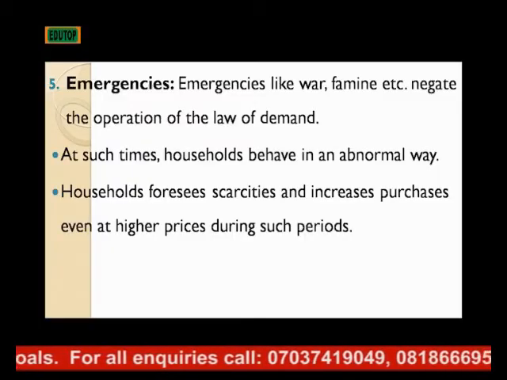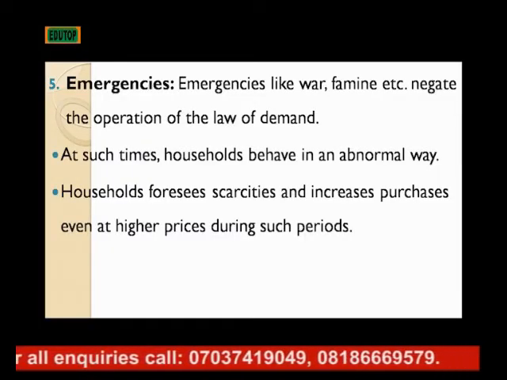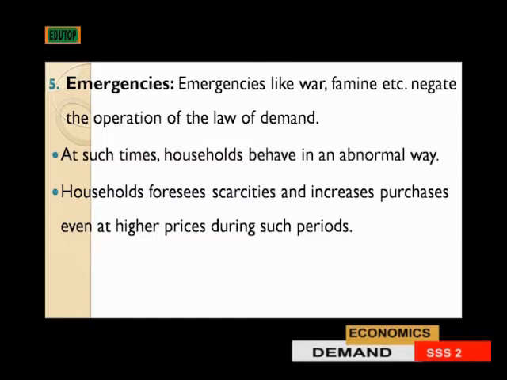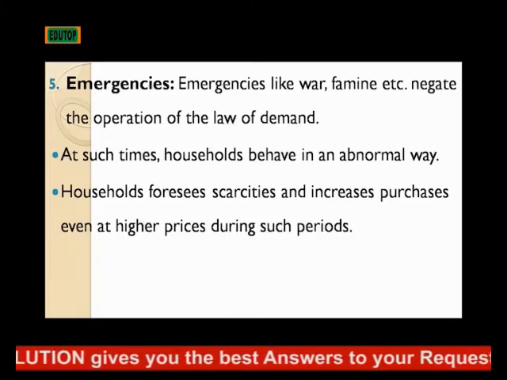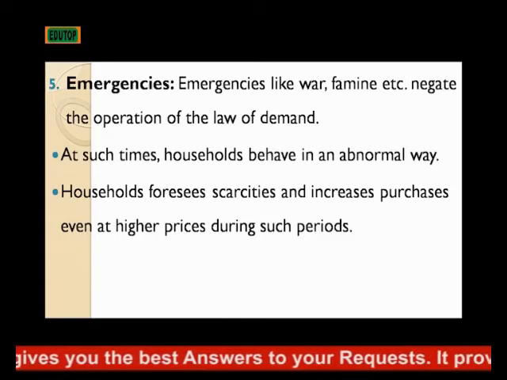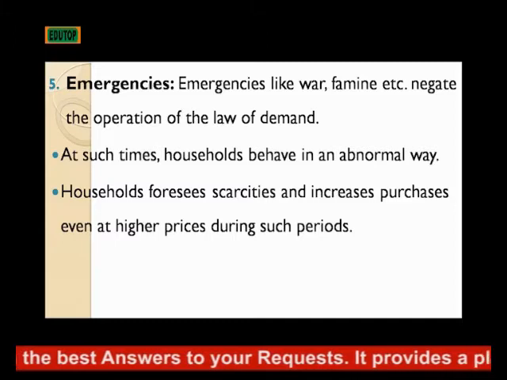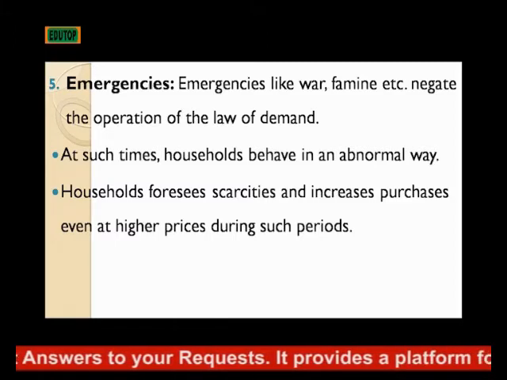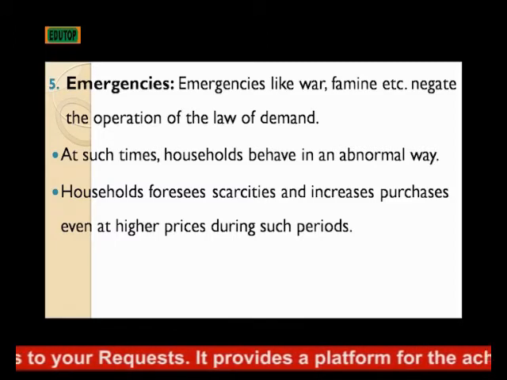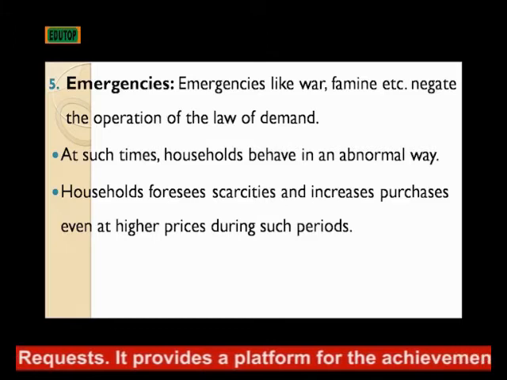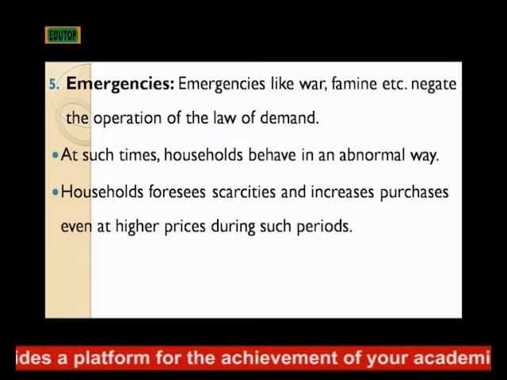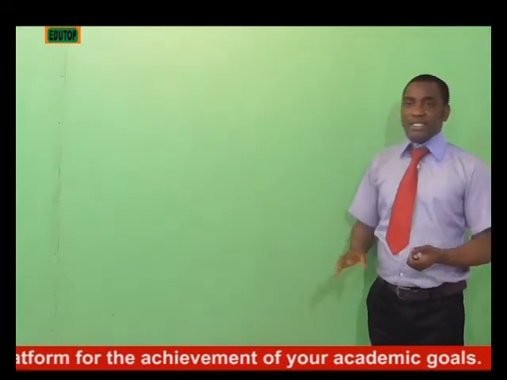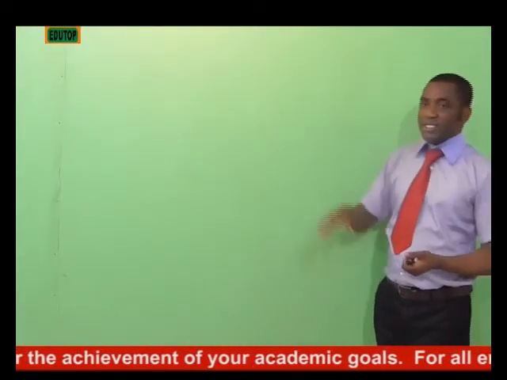The other factor is emergency. In the case of an emergency like war or famine in a society, it also negates the law of demand. Why? Because at such a period of time, the household and the consumer will behave in a way that is somehow abnormal, because the price may be going up and yet they will still need to buy it because there is an emergency to meet.